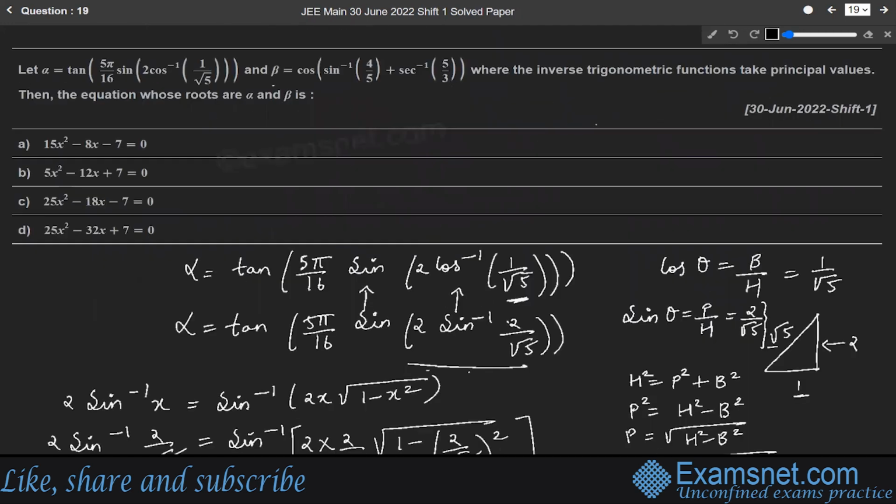So the expression of beta is given here, right? So let us write this expression first. Beta is equal to cos of sine inverse of 4 by 5 plus sec inverse of 5 by 3.